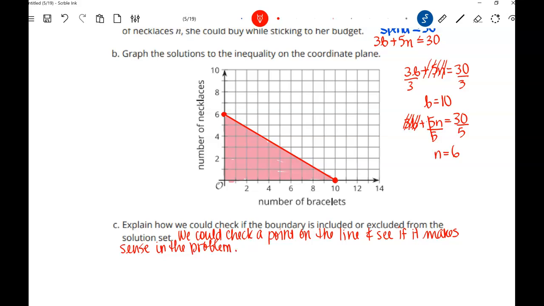For example, I'm going to check this point right here. That point is 5, 3.